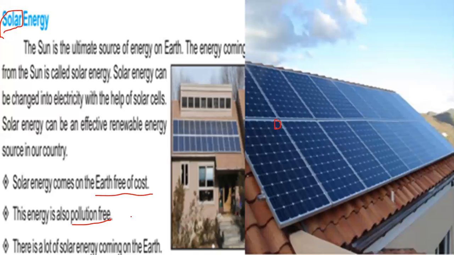So we can make our environment clean by using this type of electric energy as compared to fossil fuels, because when we burn fossil fuels, lots of smoke and gases like carbon dioxide are released, which can produce global warming and increase the temperature of the earth, and are also dangerous for human beings and the environment. So solar energy is totally pollution free.